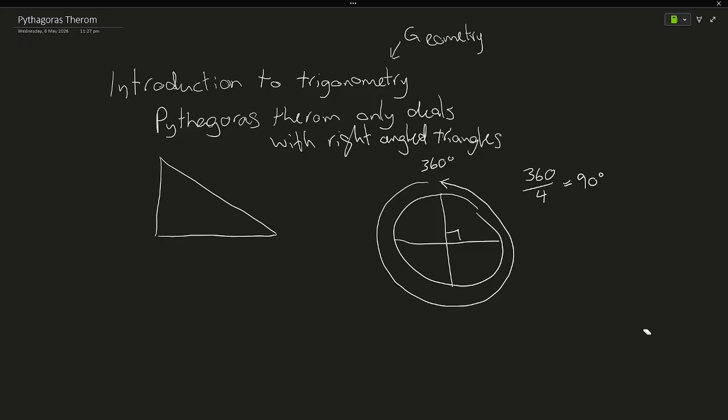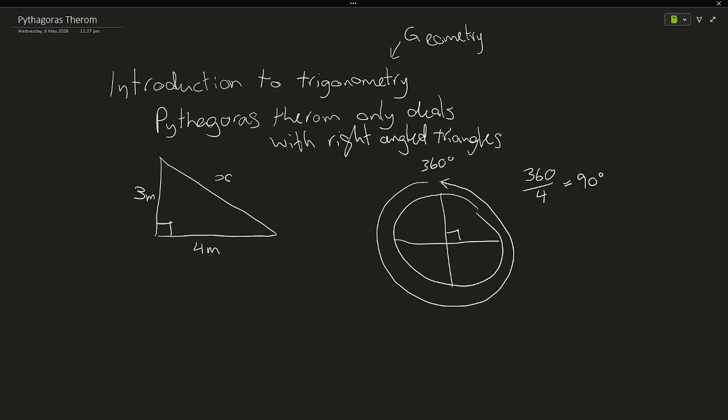But let's say we have 2 sides. Let's say this side is 3 meters. And let's say this side is 4 meters. What is x?